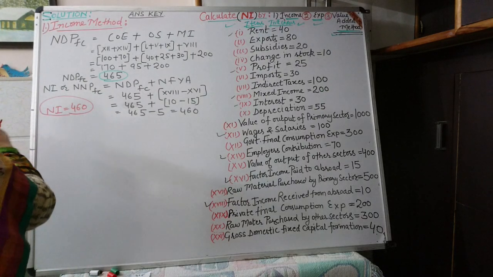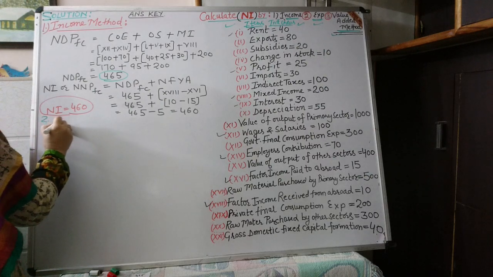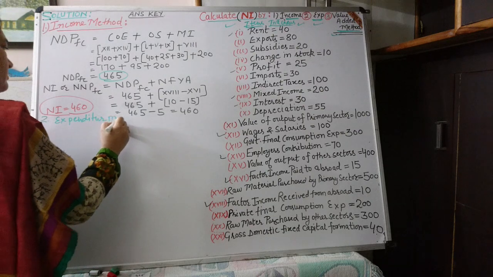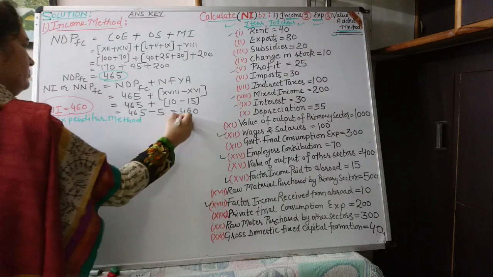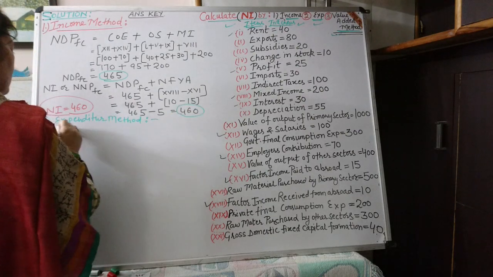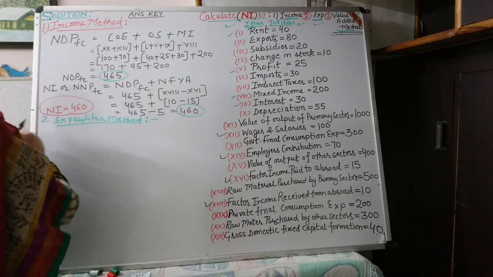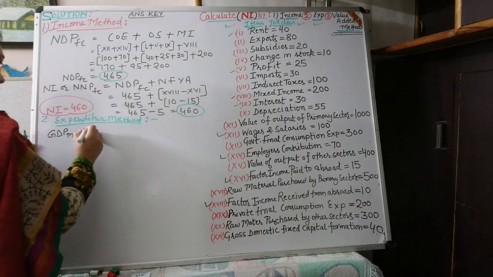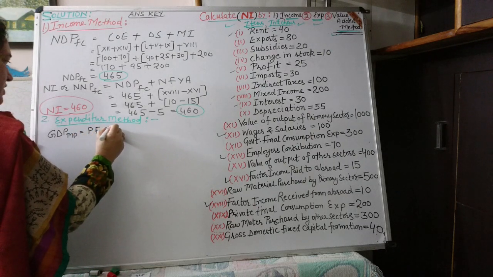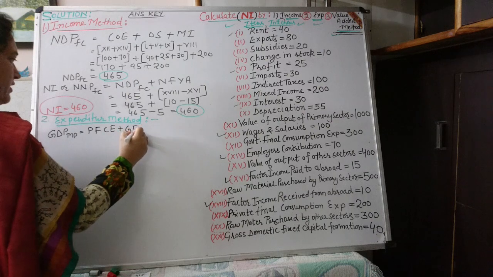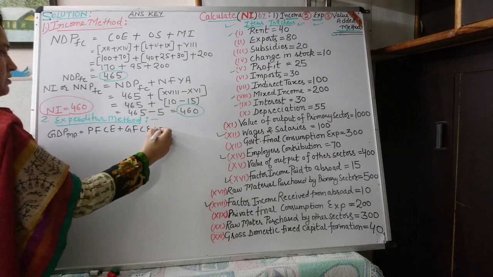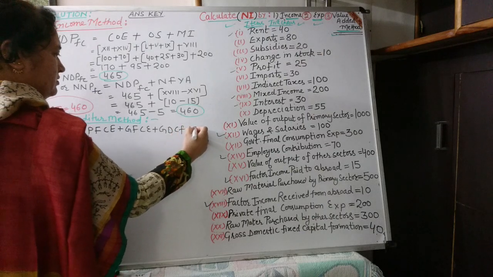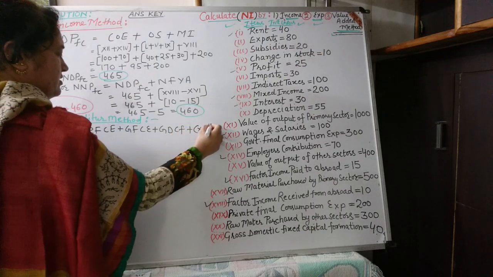Next we have to calculate number 2, expenditure method. Components of expenditure method are: GDP at MP is equal to private final consumption expenditure plus government final consumption expenditure plus gross domestic capital formation plus net exports.